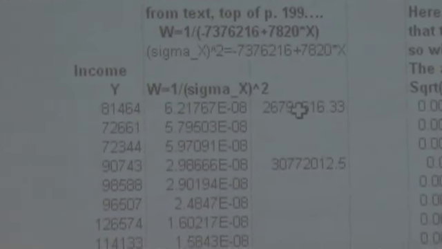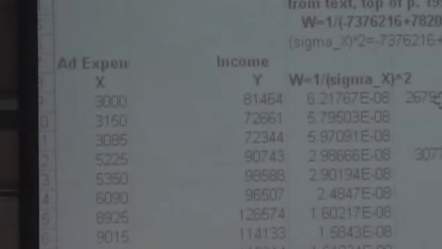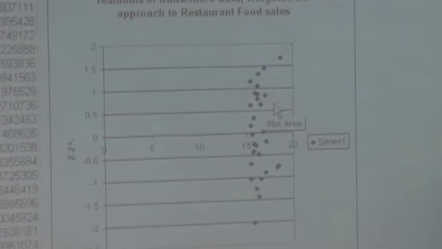Okay. 5,000 times 15 is 75,000. 5,000 times 20 is 100,000. So you're between. So the actual scale of Z is the number of standard deviations you are from 0 on your income. Between 15 and 20.